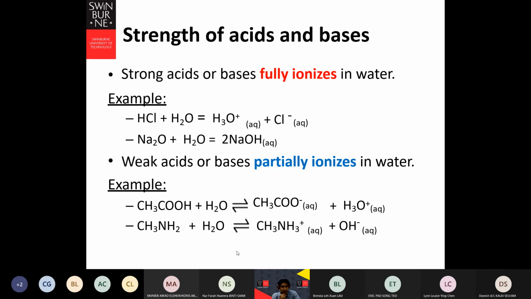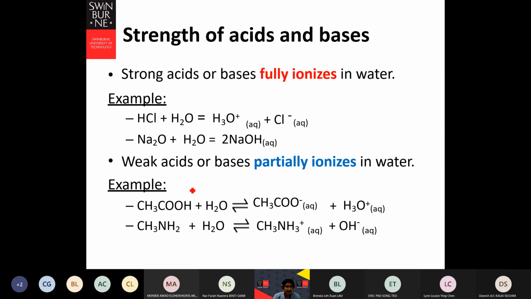The strength of acid and base. We know that there are strong acid and weak acid, right? Strong acids are those which dissociate fully in the water. We add a few drops of the acid in the water and it ionizes.